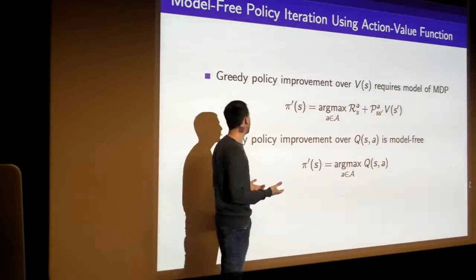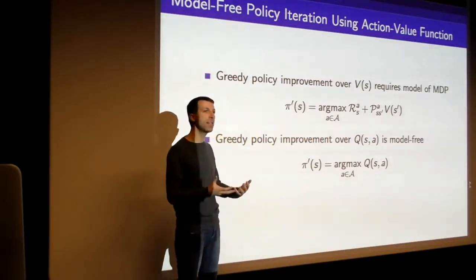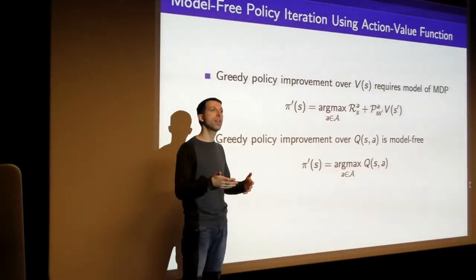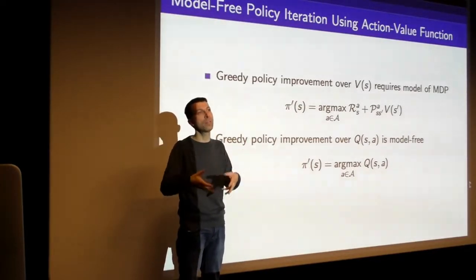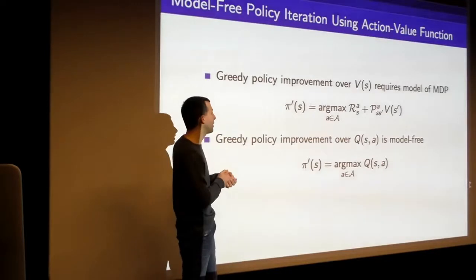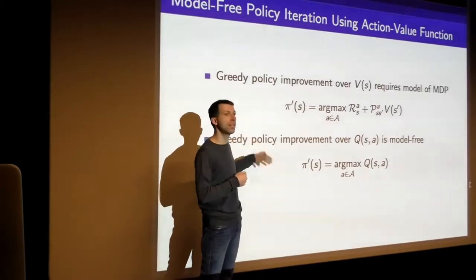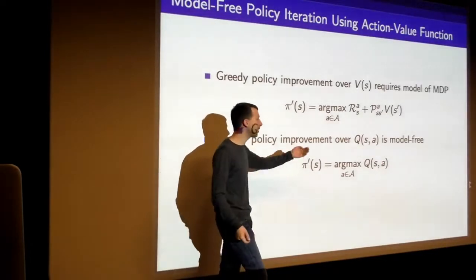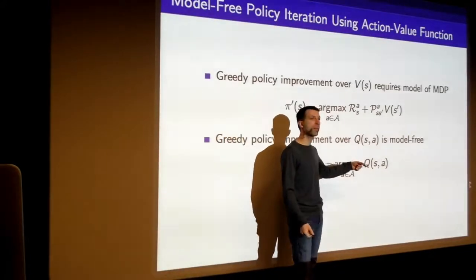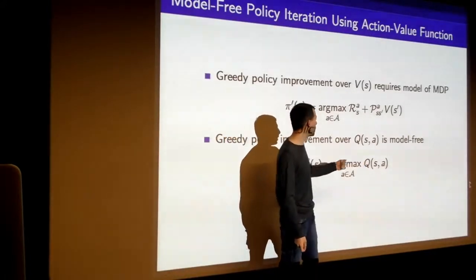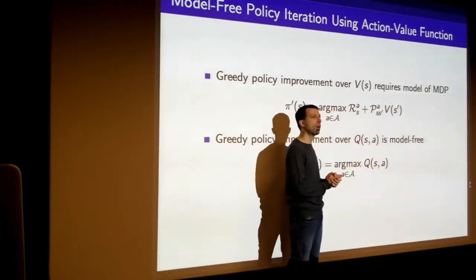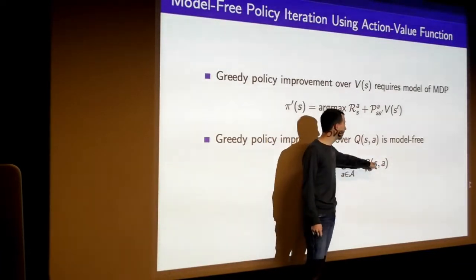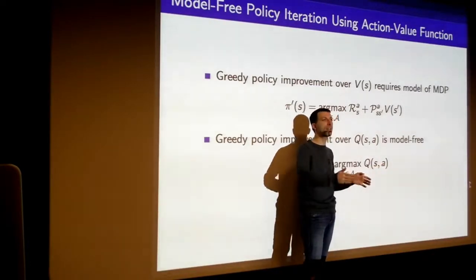So the alternative is to use Q. The alternative is to use action value functions. Action value functions enable us to do control in a model-free setting. And the reason is that we can do policy improvement in an entirely model-free way. If we have Q and we want to do greedy policy improvement, all we need to do is maximize over our Q values. The Q values tell us, from each state, how good it is to take each different action.